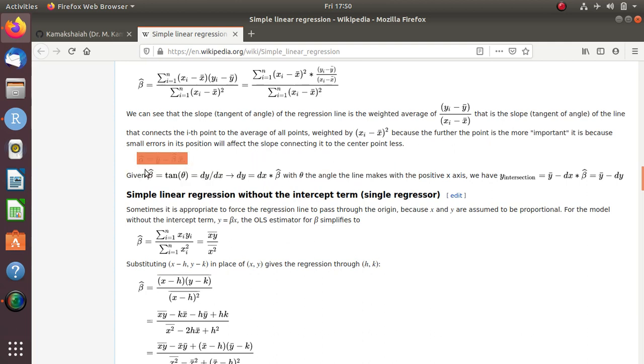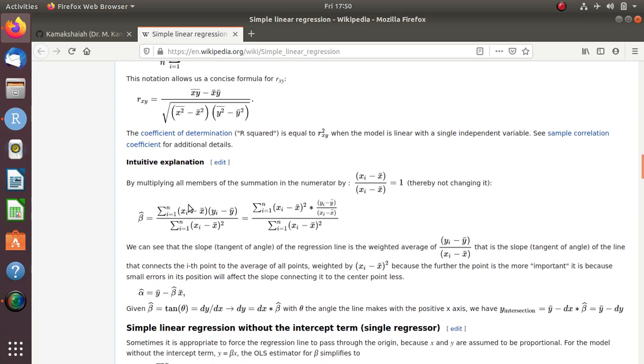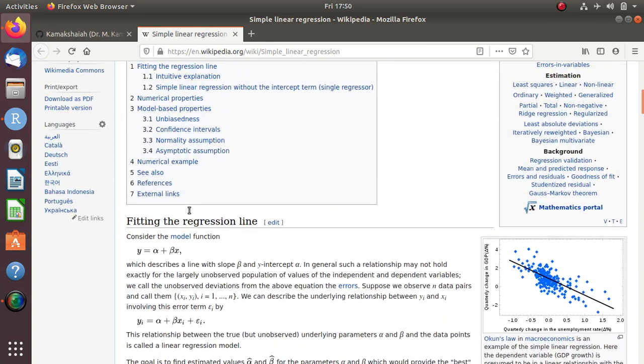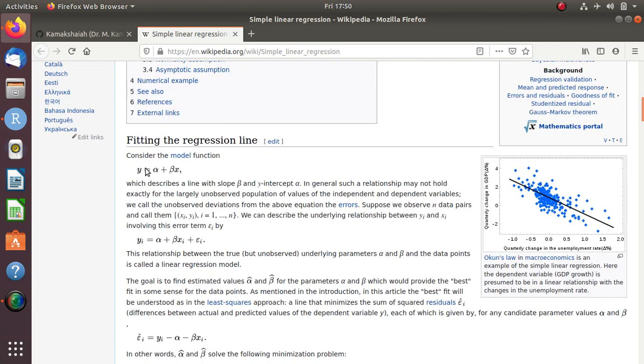You see here you have an objective function. In this equation, this is actually the regression equation of the population. In population we write y is equal to alpha plus beta x, where y is a dependent variable.